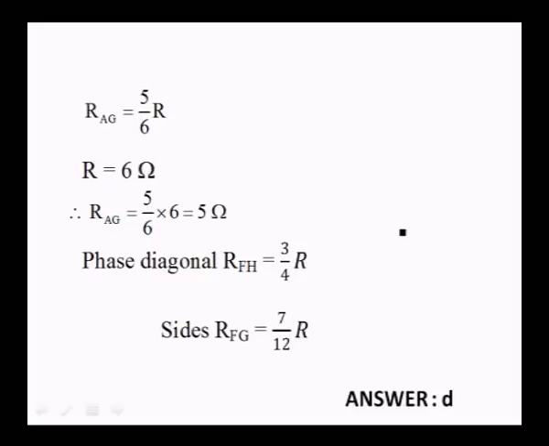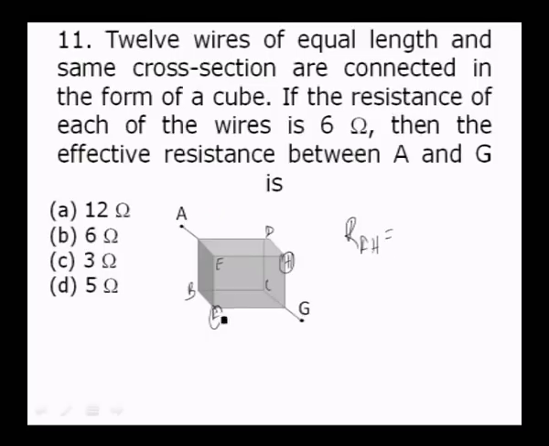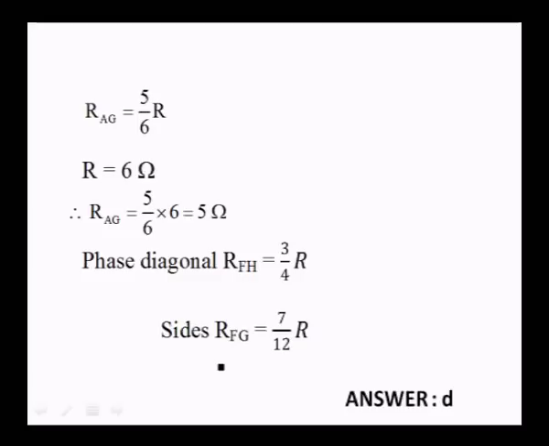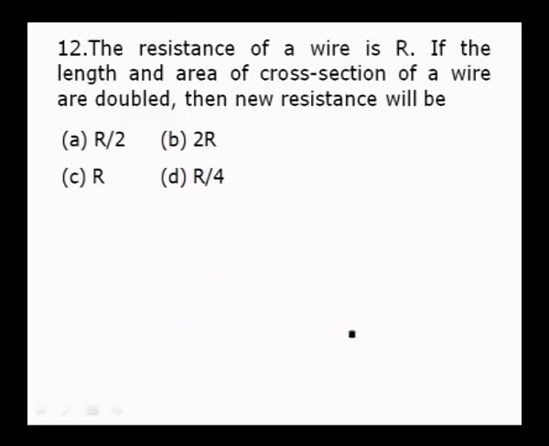For that, the resistance is equal to 3 by 4 R, where R is the resistance value. Similarly, if you want to calculate the resistance for the side, that is R_FG, we have an effective resistance of 7 by 12 R. You can also use this concept for other problems.